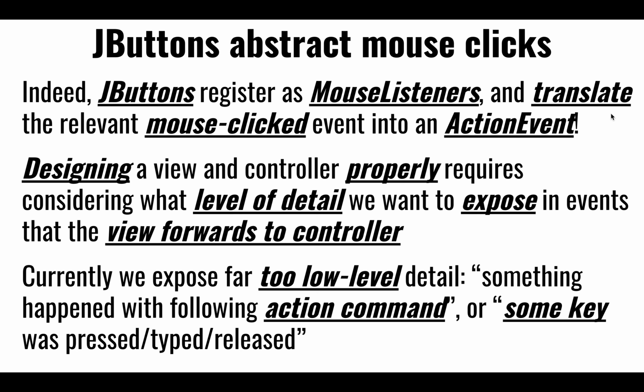We'd like to be able to toggle the color. That would be a nice abstraction on top of typing the keystroke C. That's a high-level abstraction. Or capitalize or uncapitalize. Those are high-level abstractions of events that underneath are built off of these keystrokes and mouse actions. So again, we are at a design decision.